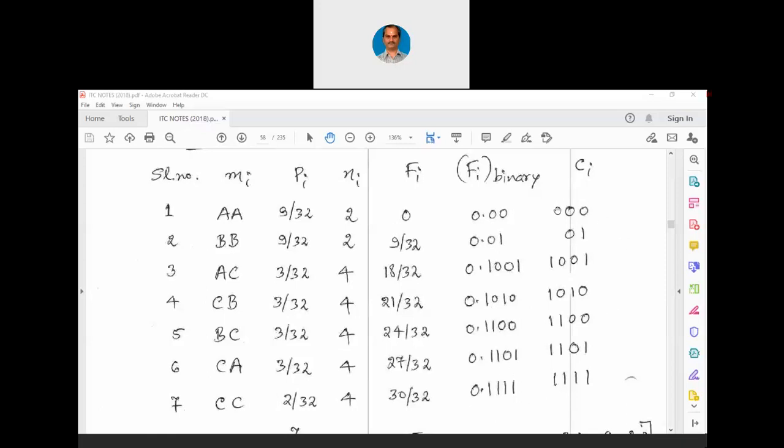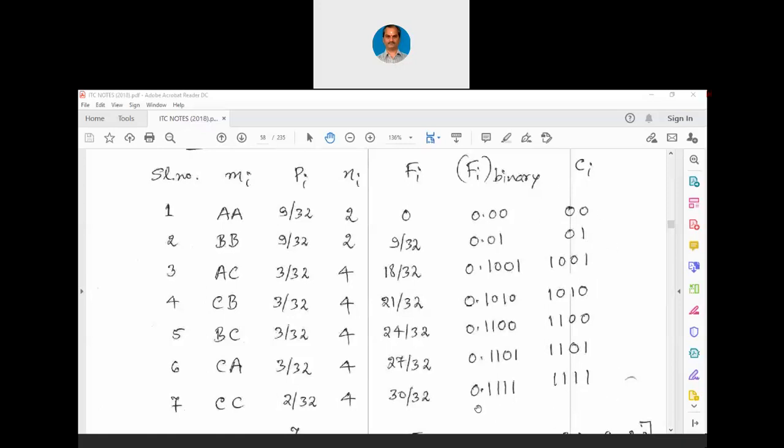Now you can see we have only 2 codes having 2 bits each, and we have 5 codes having 4 bits each, and we don't have any code having 3 bits, because probability and the number of bits are inversely related. That is how you can see the encoded bits here.